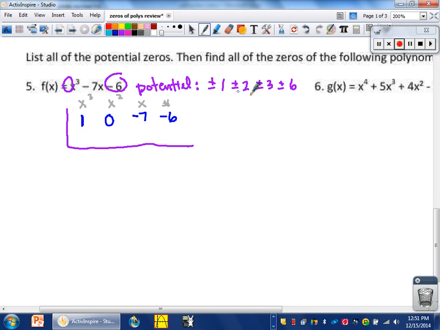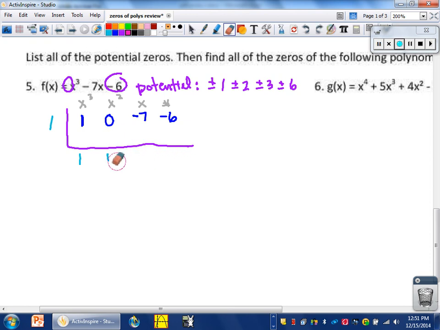Okay, so now we try each one of these until we find one. So let's try and find one. Does 1 work? Nope, 1 does not work. So, get rid of all this stuff. 1 doesn't work.